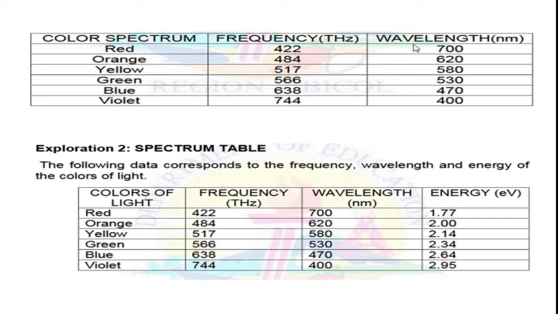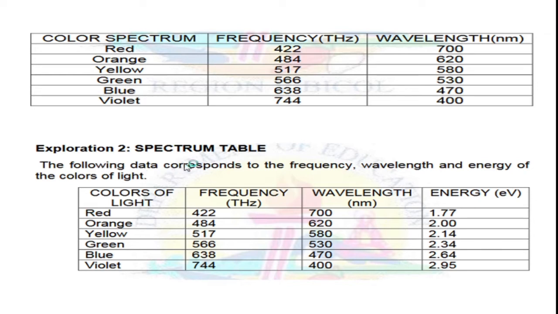And on the third column, we have the wavelength. The unit is in nanometers. Red 700, orange 620, yellow 580, green 530, blue 470, violet 400. So these are the wavelengths of these colors.